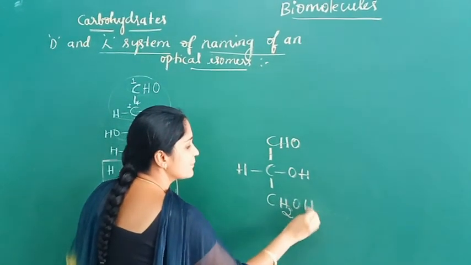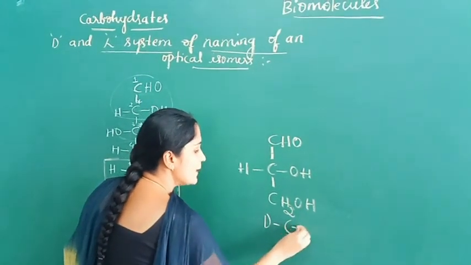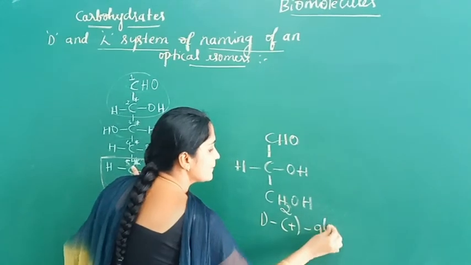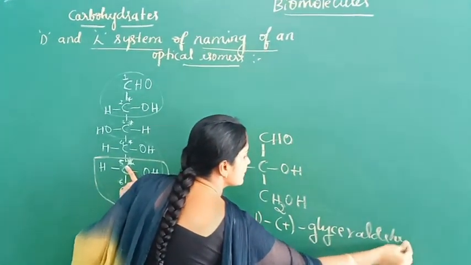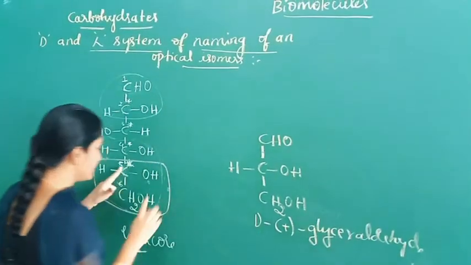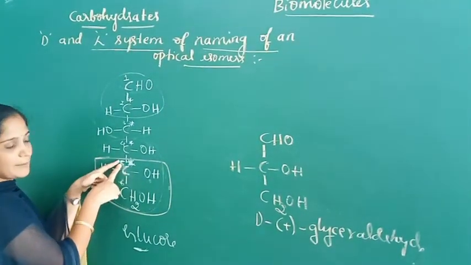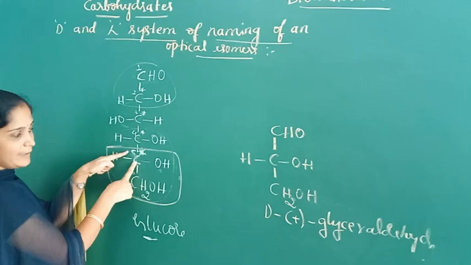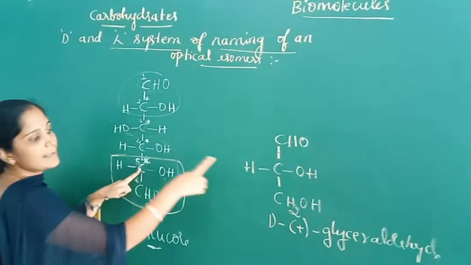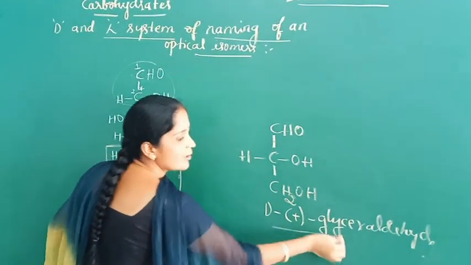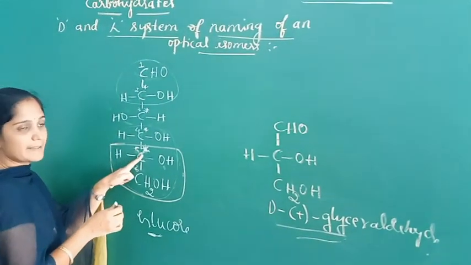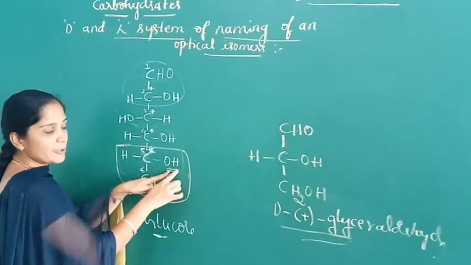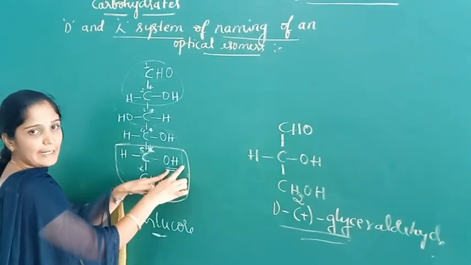This is D plus glyceraldehyde. So in glucose, the 5th carbon atom is the highest asymmetric carbon atom, and this resembles D-glyceraldehyde. In the 5th carbon atom, the OH group is present on the right hand side.